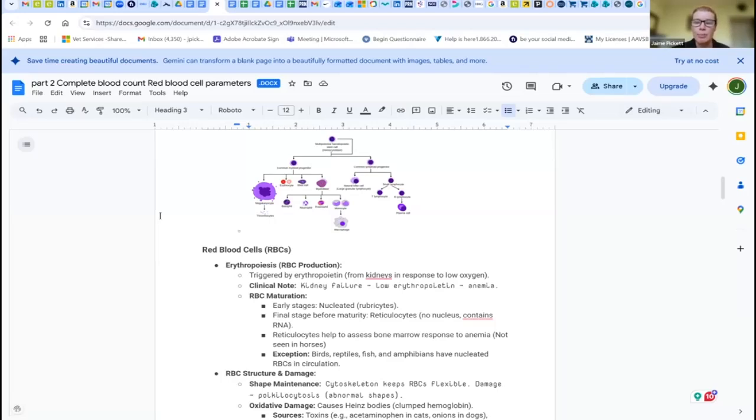One important species difference is that horses don't release reticulocytes into circulation, so you won't see them even if the anemia is regenerative. So remember that about horses. It's super important.